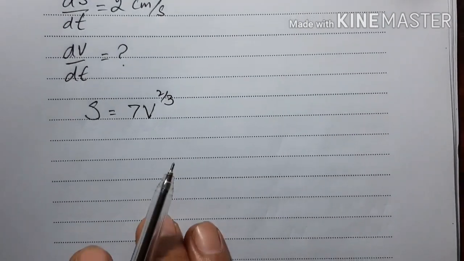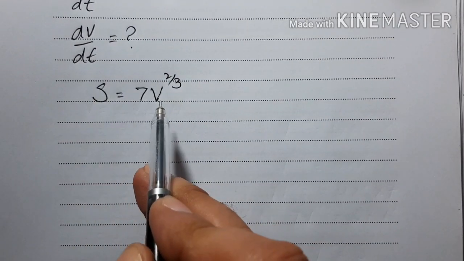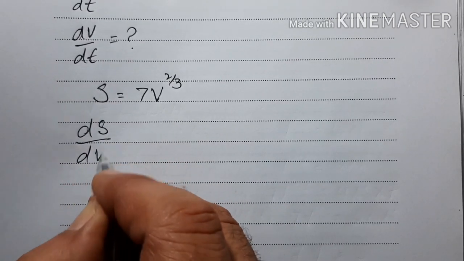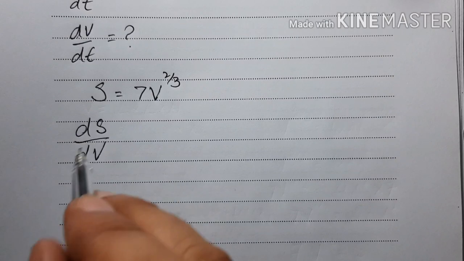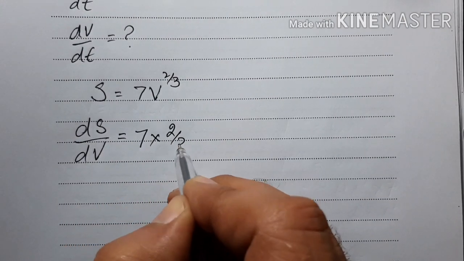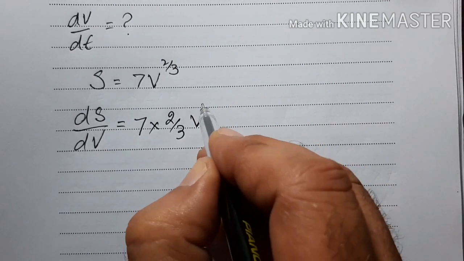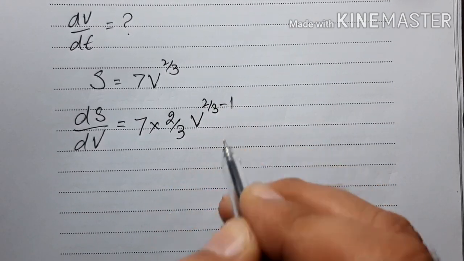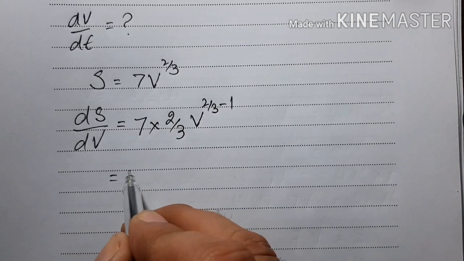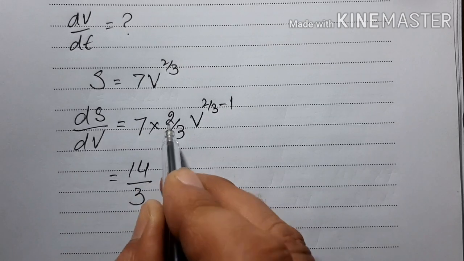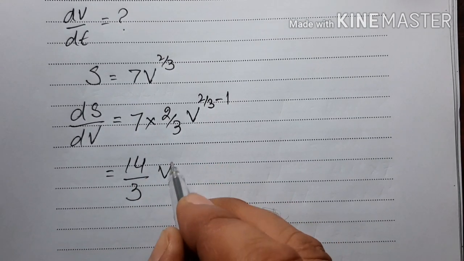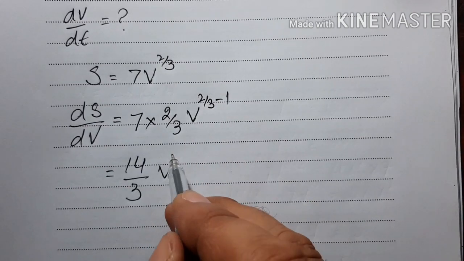So I'll differentiate this with respect to the variable V, so I'll get dS by dV is equal to 7 into 2 over 3 V to the power 2 over 3 minus 1. So this will become 14 over 3, 7 2s are 14, V to the power minus 1 over 3.